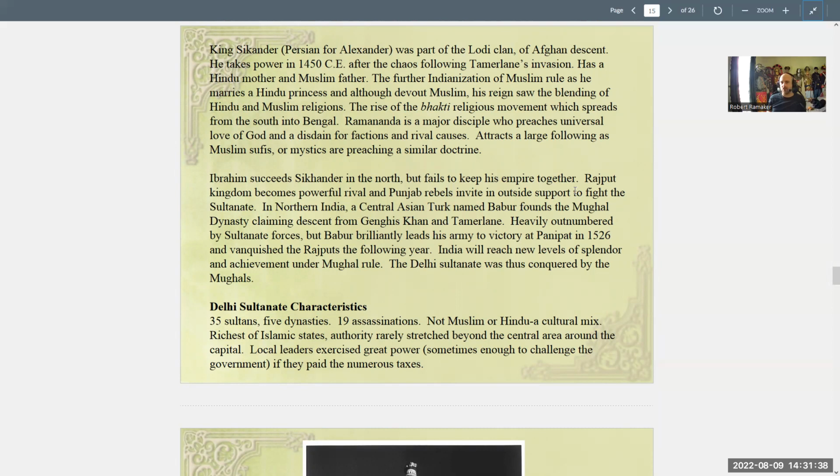rulers are essentially the Lodi clan of Afghan leaders, of Afghan descent, and they take power in 1450 after all the chaos of Tamerlane. Tamerlane had already been responsible for the murder of 3 to 8 million Indians, and then you had droughts that took place because Tamerlane's soldiers destroyed the crops on their way. So who knows how many people died in India during this period.